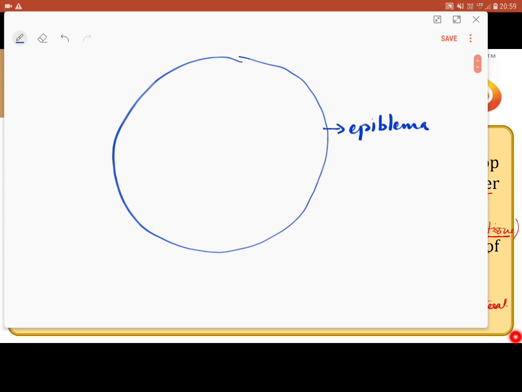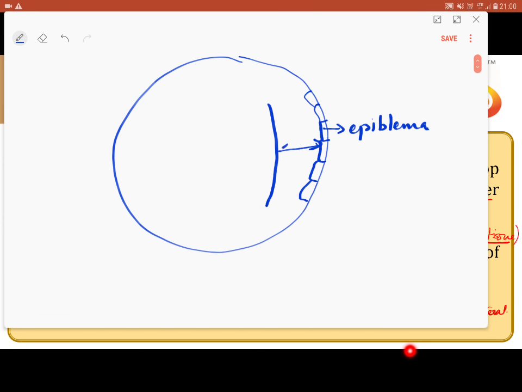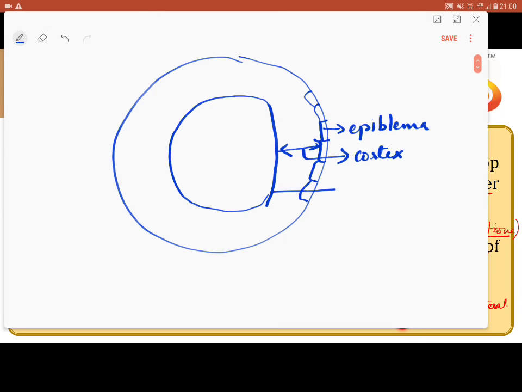epiblemma. Below epiblemma, say this is one layer of the cells. I am not drawing all the cells here, I am just showing you. This region from here till here is called the cortex. Inside this, you have pericycle.